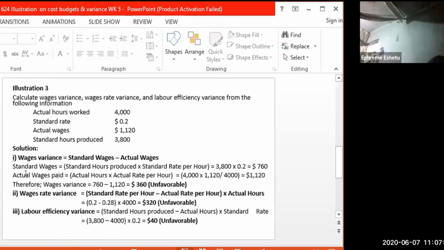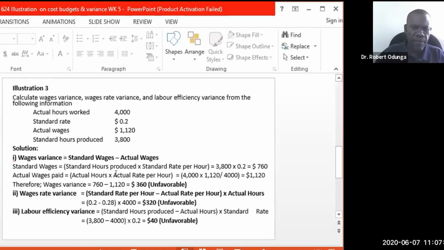Standard wages is given by standard hours produced times standard rate per hour.